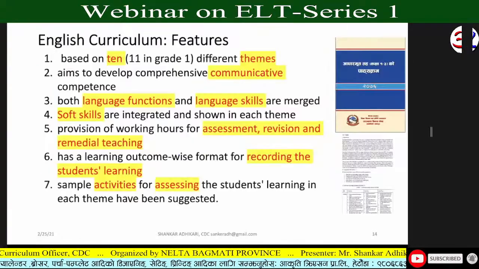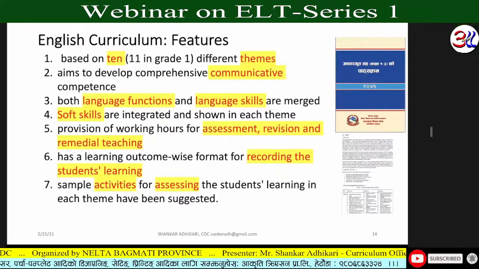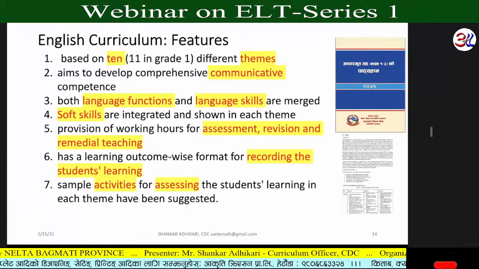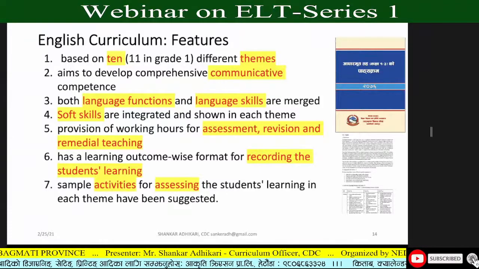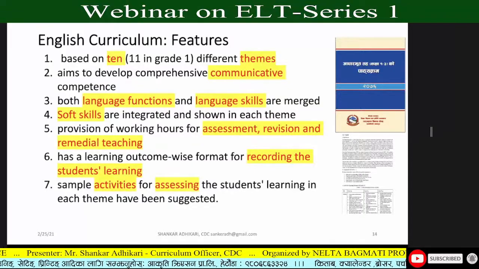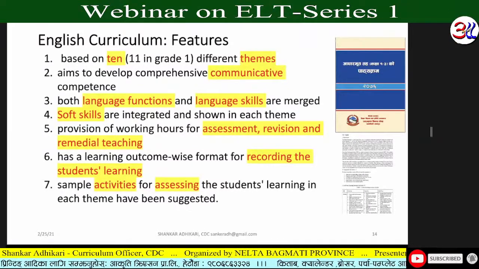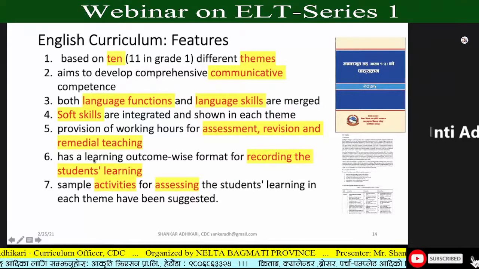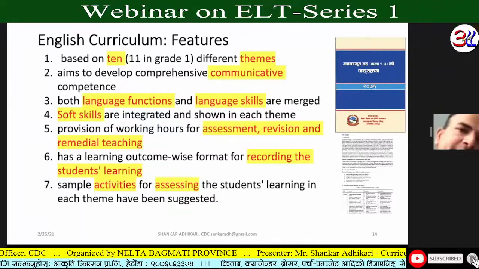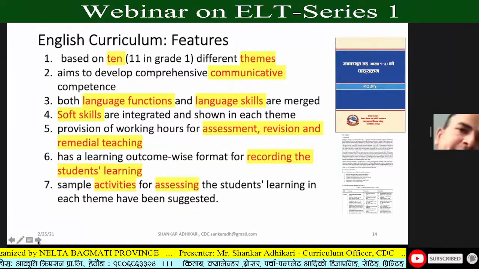I was talking about earlier 10 or 11 different themes: communicative competence, language functions, language skills, soft skills, and there's a learning outcome-wise format for the assessment purpose, and some sample activities given for assessing the students' learning. So these are what we have listed as the features of the current English curriculum.